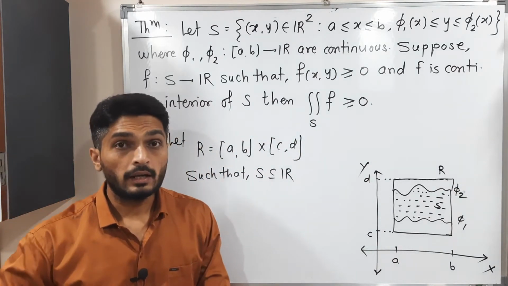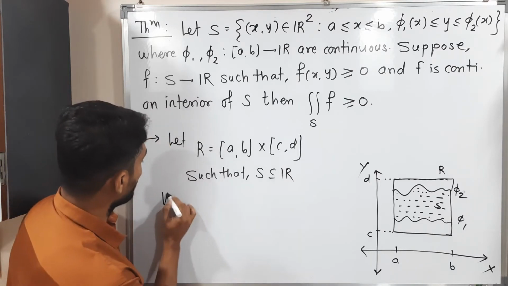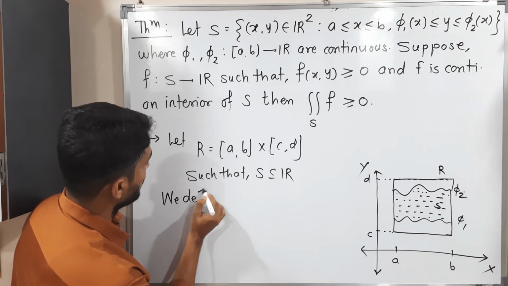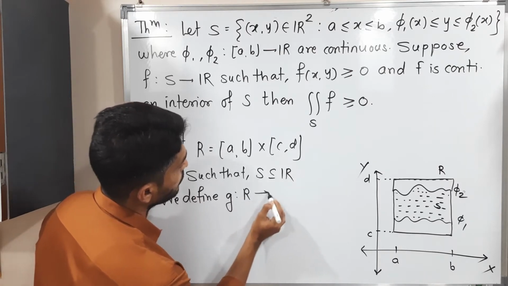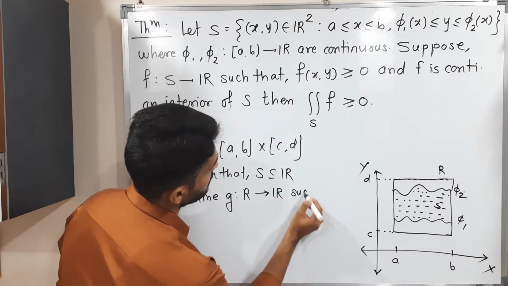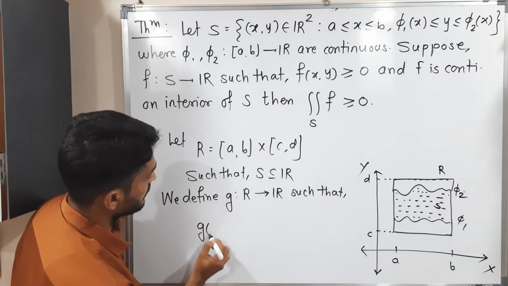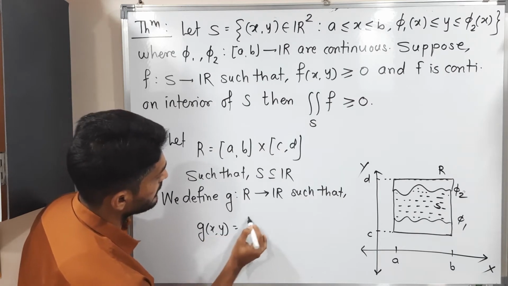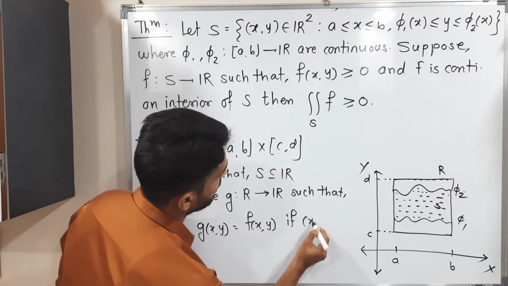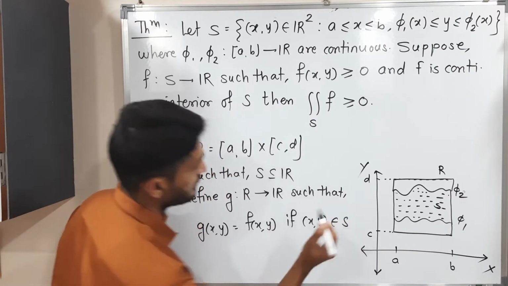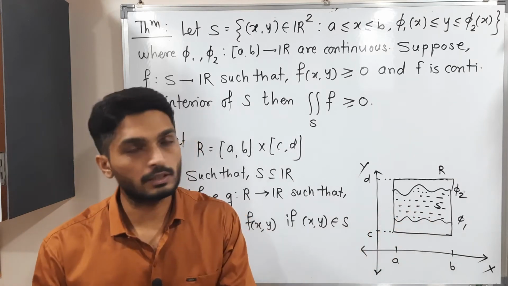I'm defining a new function G. We are defining G from R to R such that the definition of G of xy is the same as f of xy if xy belongs to S. That means if you take xy from this set S, then G is nothing but f.